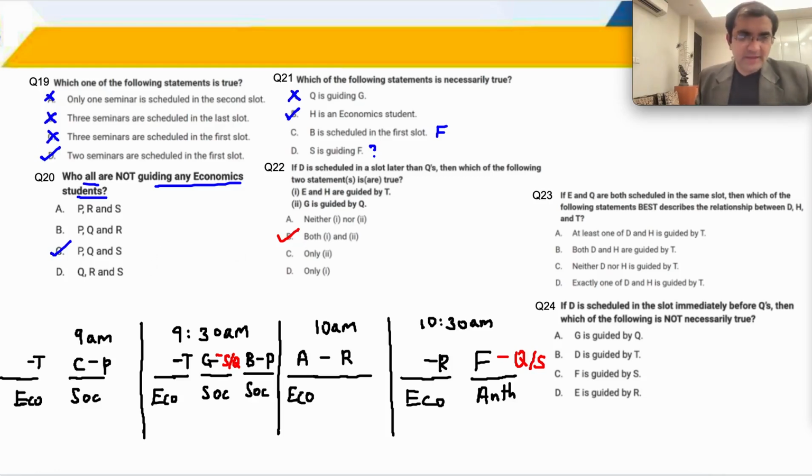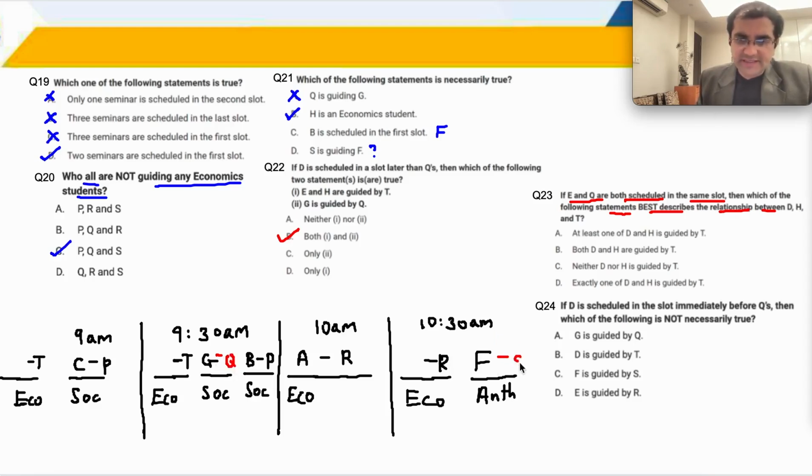ठीक है. Next, if E and Q are both scheduled in the same slot, then which of the following statements best describes the relationship between D, H and T? So if E and Q are in the same slot, I will have to make some cases. Let's take two colors over here.